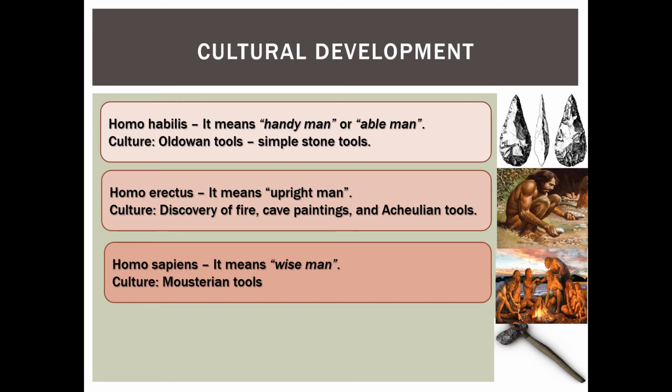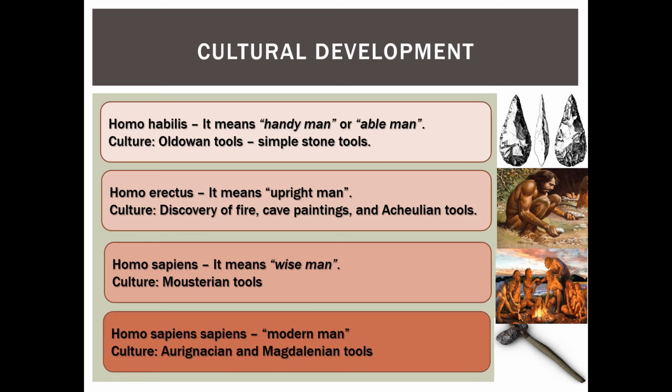And the last stage is Homo sapiens sapiens. Homo sapiens sapiens is the last stage of human evolution, called modern man. This is also the stage with more modernized tools than the others, called Aurignacian and Magdalenian tools.